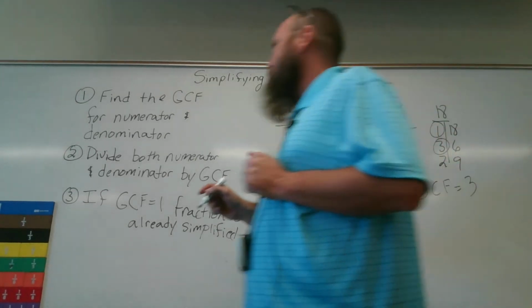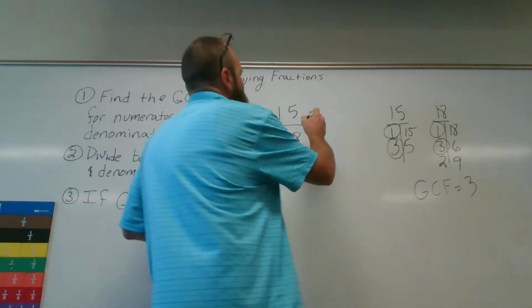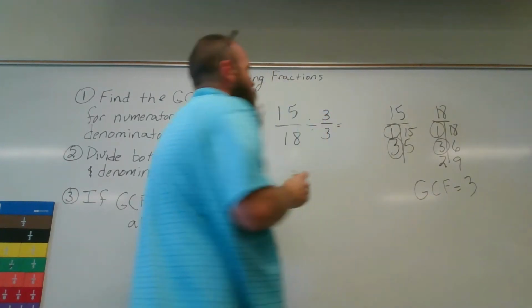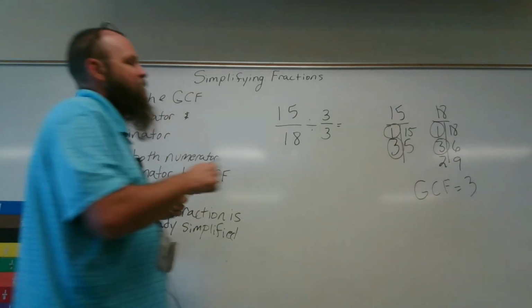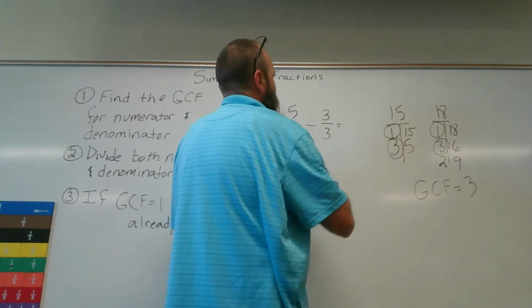Step 2 says divide both numerator and denominator by your greatest common factor. So, Kayla, what is 15 divided by 3? 15 divided by 3 is 5.